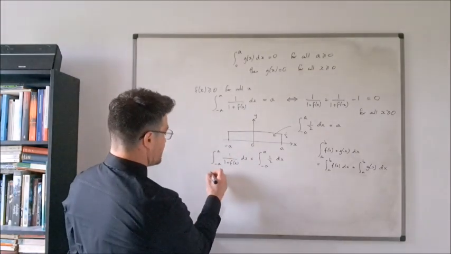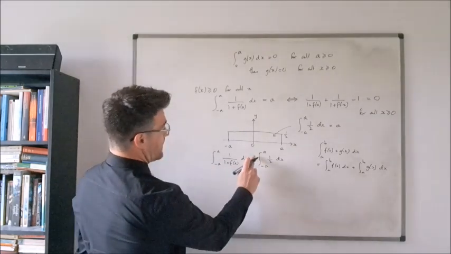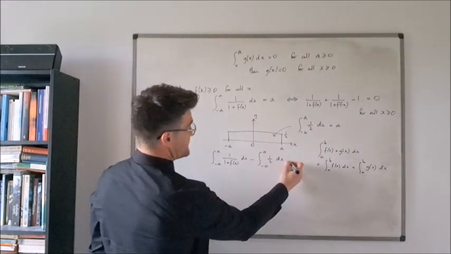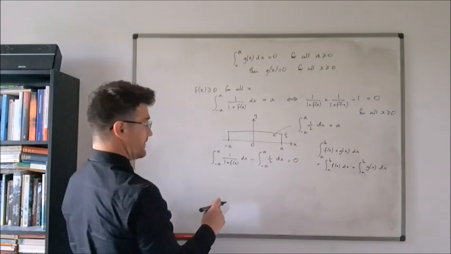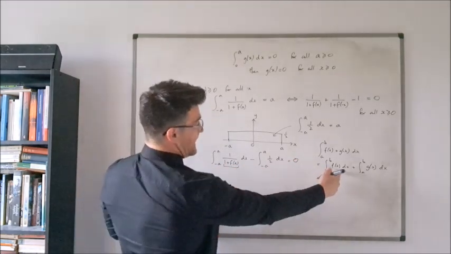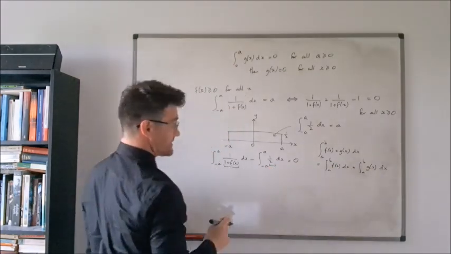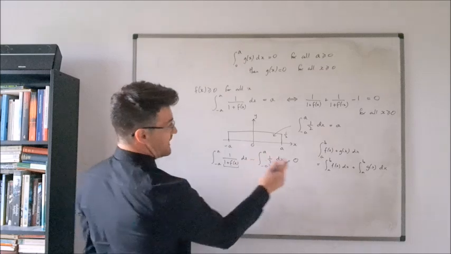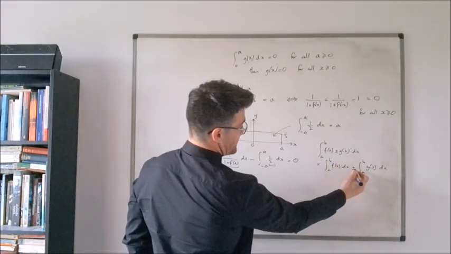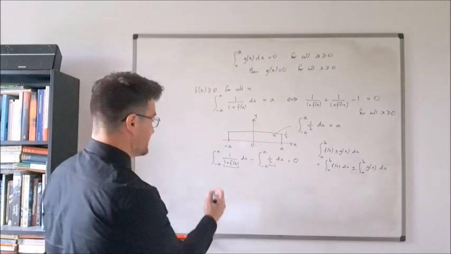So why is this relevant? Because I can write this integral minus this one as equal to 0. So this here is effectively my f of x, and the half is my g of x. It could be plus or minus, by the way; it doesn't make any difference, it's still part of the linearity property.